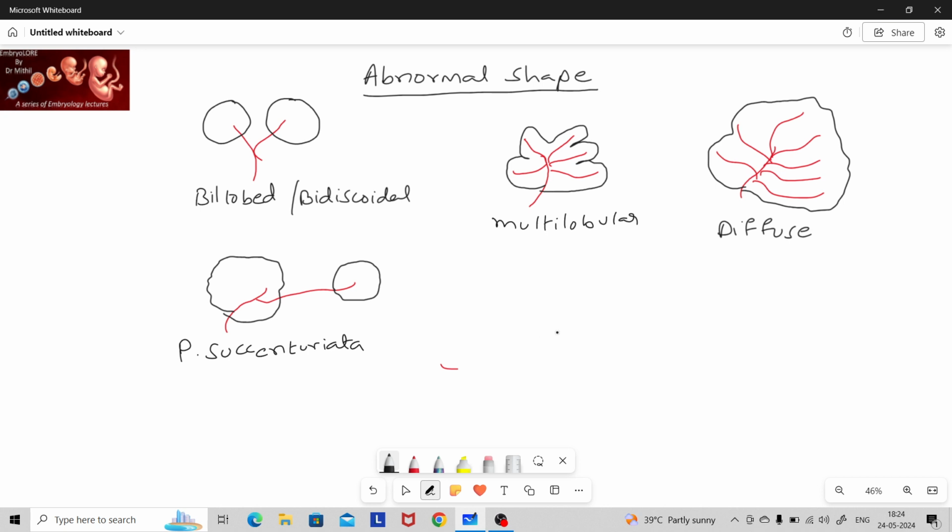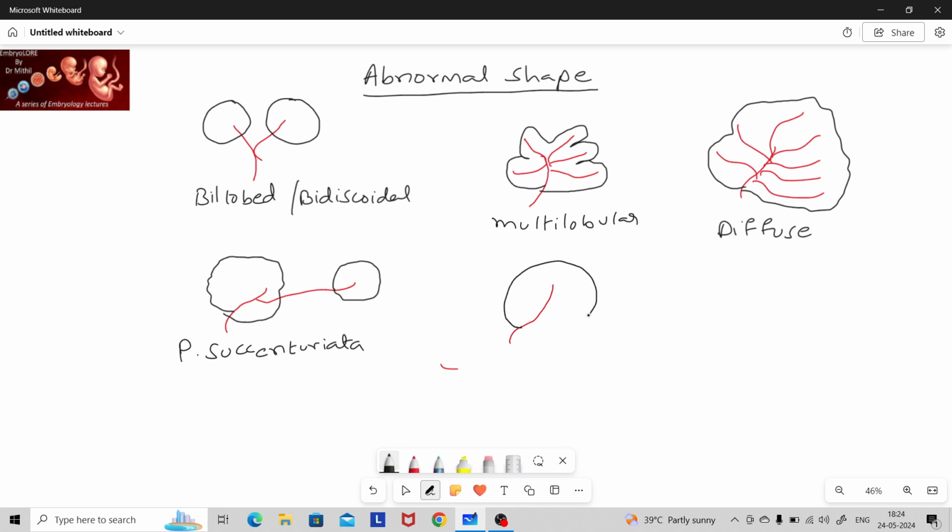And now the fourth type, that is the placenta fenestrata. So what is happening is that here there will be a hole, which is actually a normal placenta.